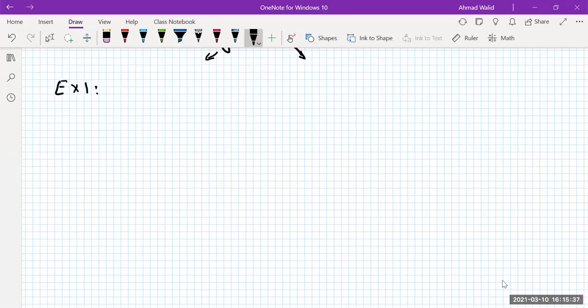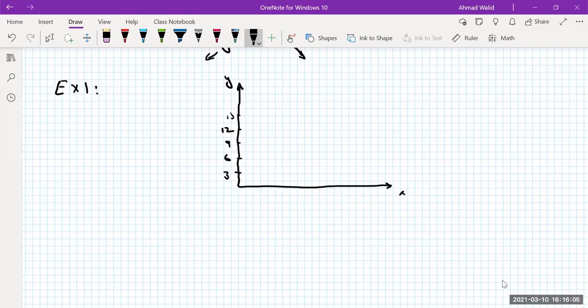For example, in your book, a graph is given to you like this. Of course, this is x, this is y. Here you have 3, 6, 9, 12, 15, 18, and 21.